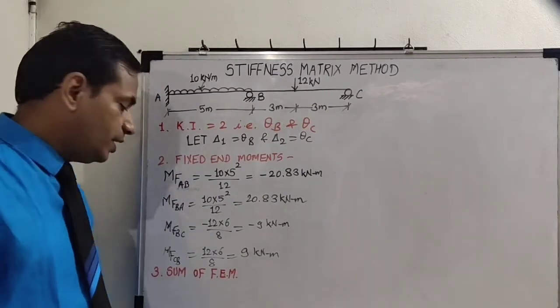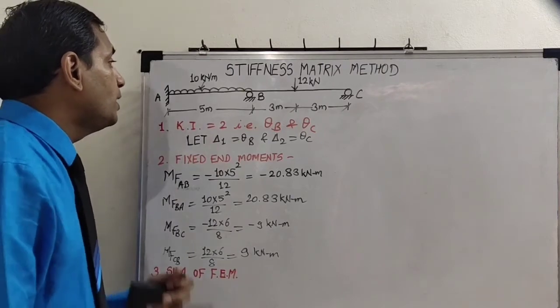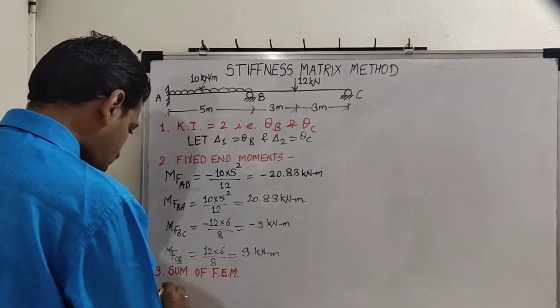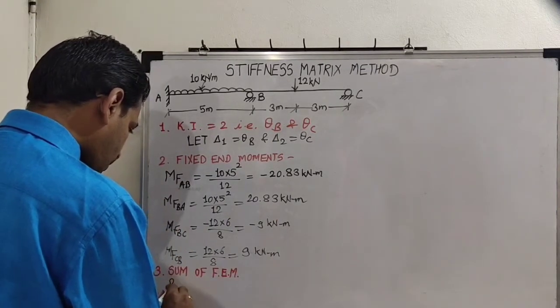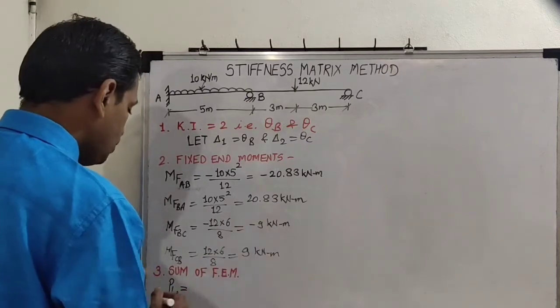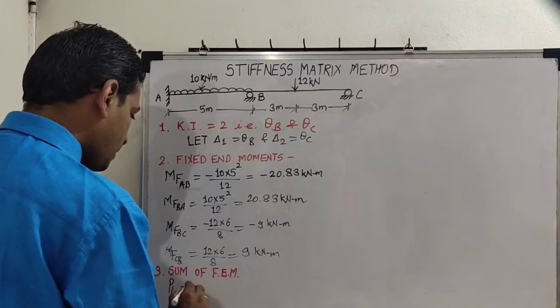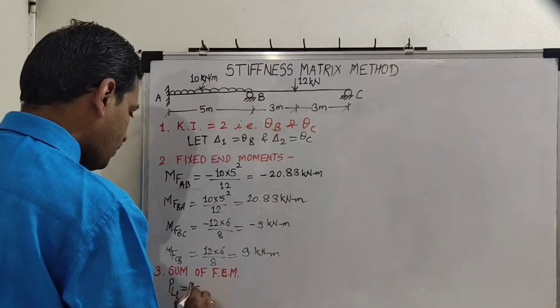So first summation we are going to designate it as PL1. So PL1 is sum of fixed end moments at joint B. So MFBA plus MFBC.